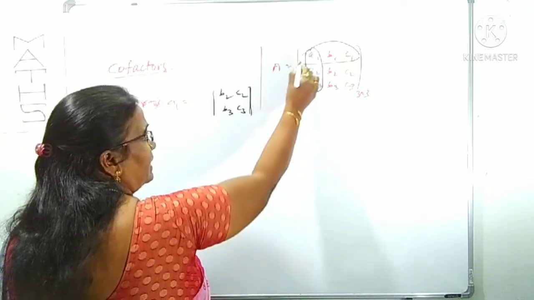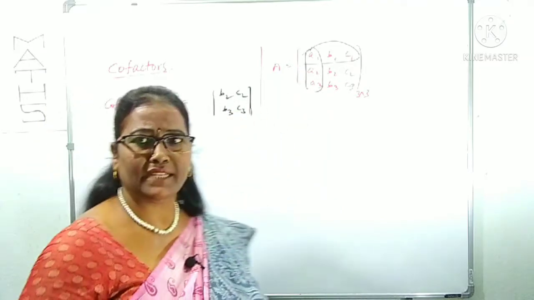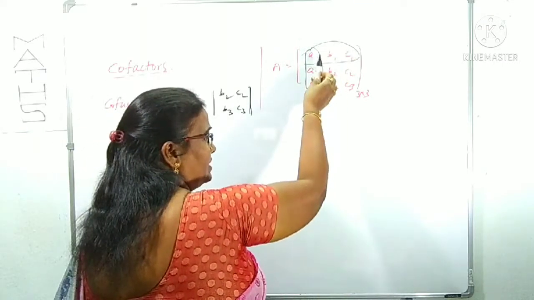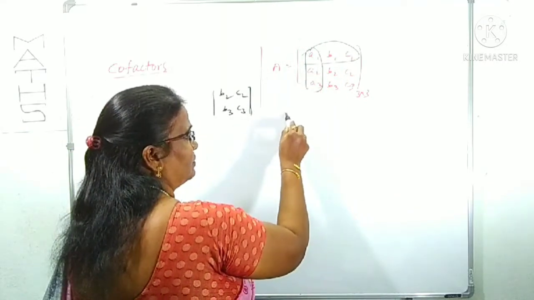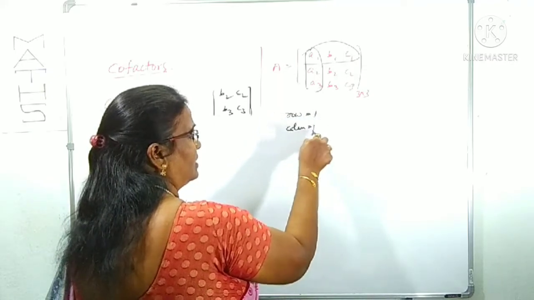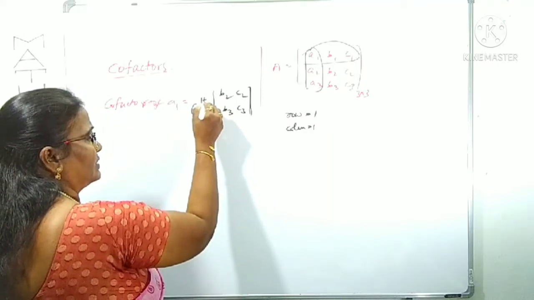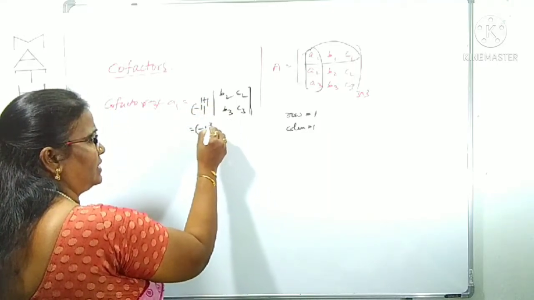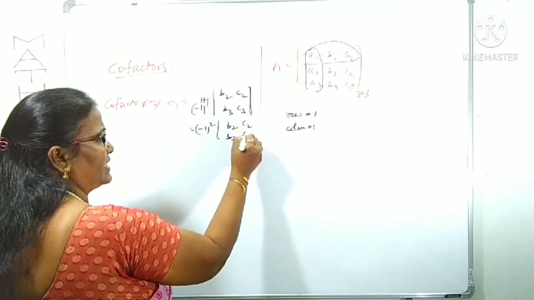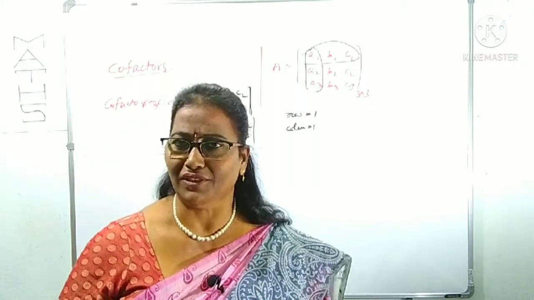A1 is in the first row and the first column, so the row position is 1 and the column is also 1. If this is multiplied by minus 1 to the power 1 plus 1, which means minus 1 whole square, we get the resultant value, which is nothing but the cofactor of A1.